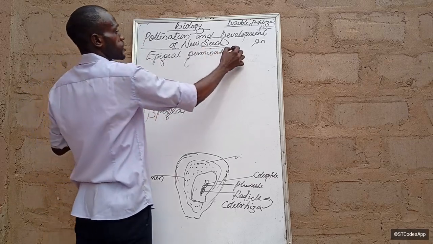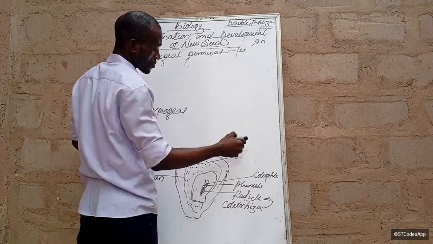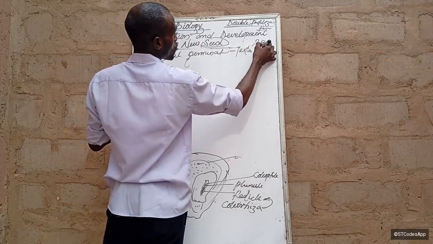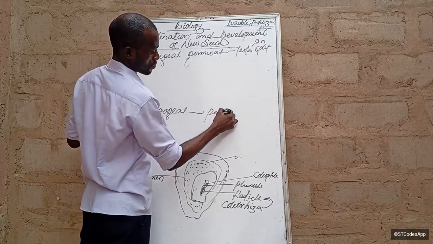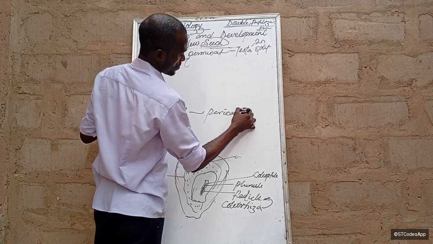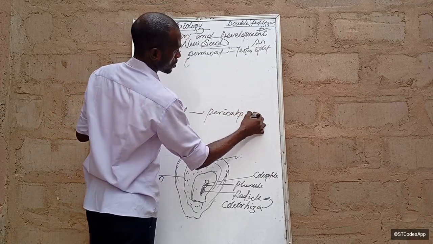So for epigeal germination, the testa is going to split. But here it is the pericarp that splits. The pericarp of the seed splits.